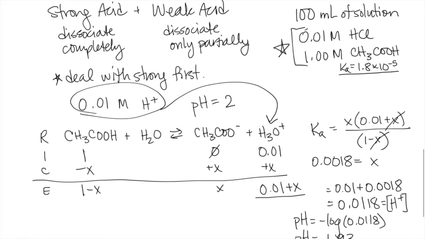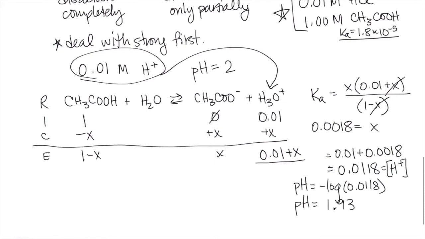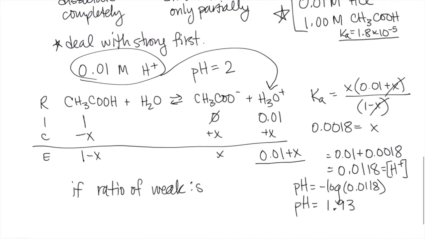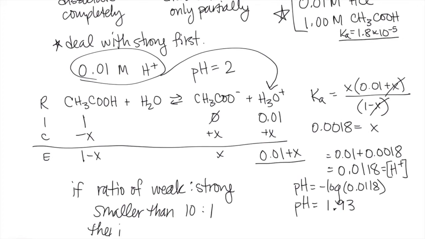But if it weren't such a big difference, even if we had acetic acid that was 10 times more concentrated than the HCl, it would still be a very small amount. So if my ratio of weak to strong is smaller than 10:1, then I can ignore the weak acid.